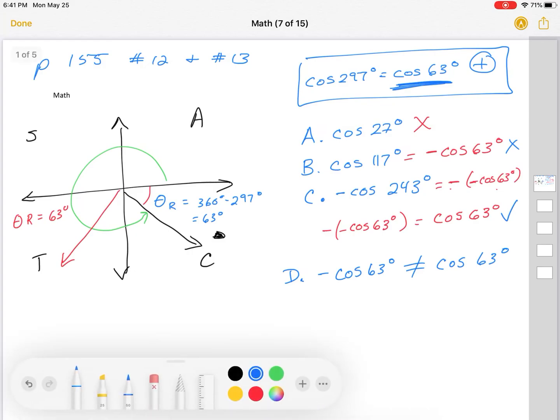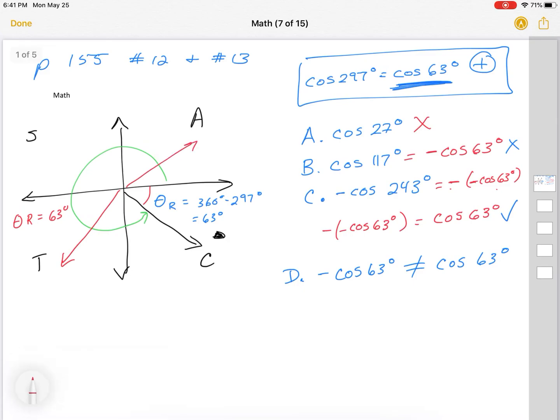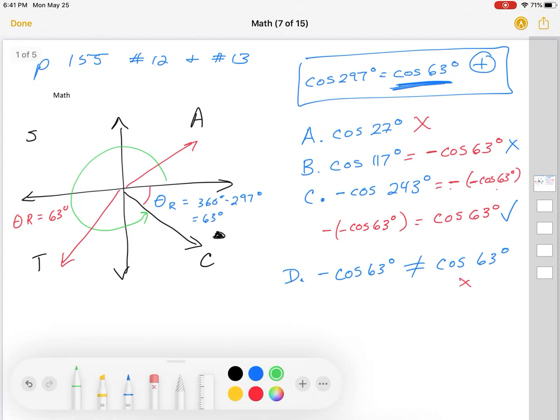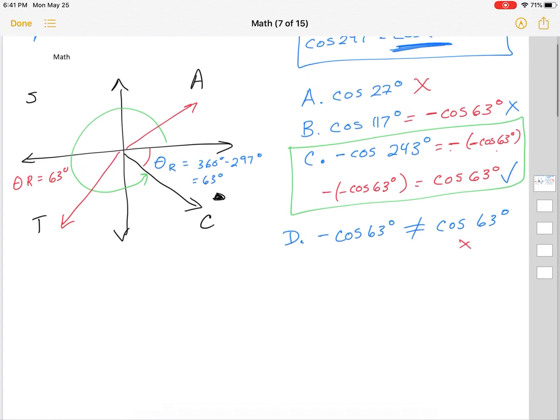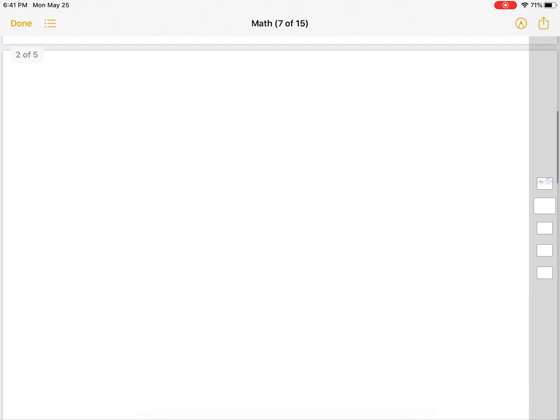The other thing to think about is that in quadrant 1, cos is always also positive, right? So this one does not work. The correct answer would be C. So it's really about wrapping your head around the CAST law and how that works with the quadrants.